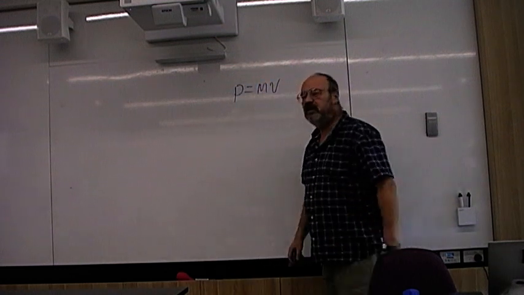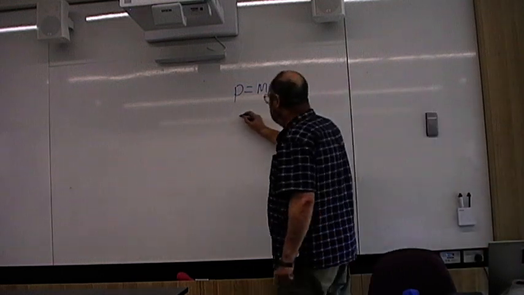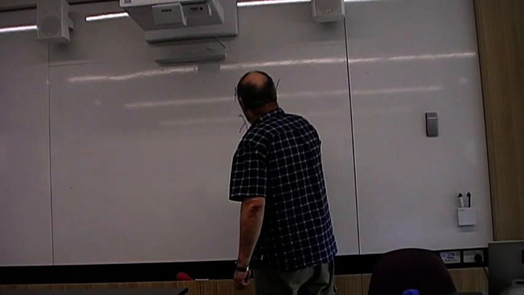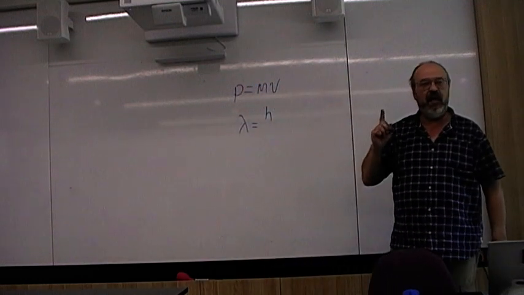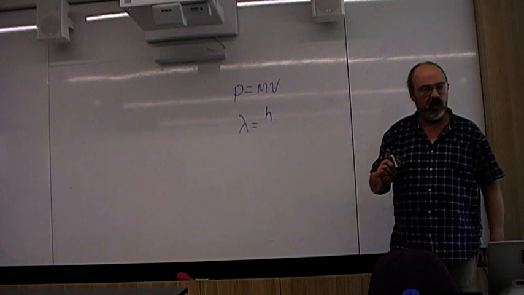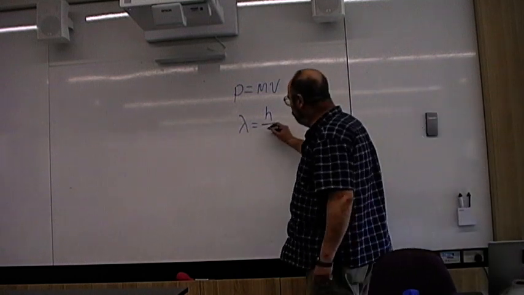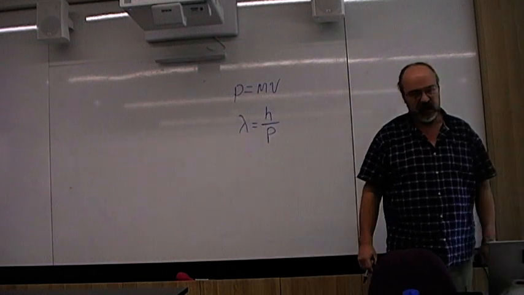P equals mv. And the wavelength equals Planck's constant, which in this case must be in joules per second, not electron volts, over momentum. That was de Broglie's hypothesis.